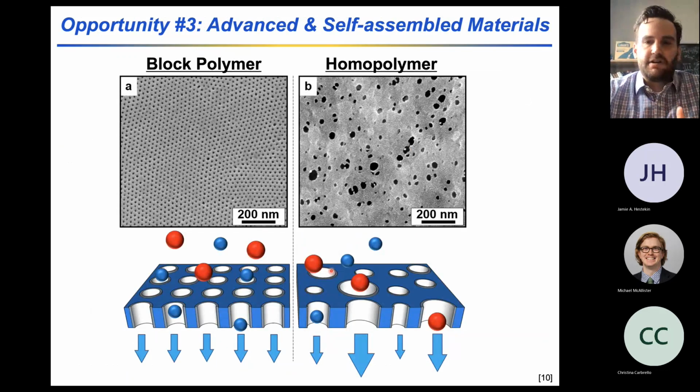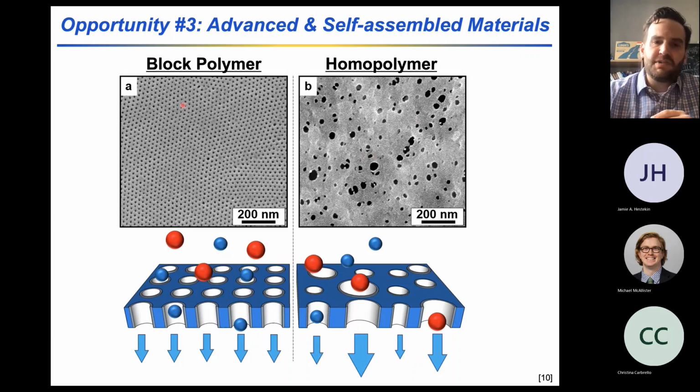New materials are always coming out, and I think that they have an opportunity to allow us to have better control over the pore structure. And so I just highlight this one example of the traditional structure that results from these phase separation techniques. While we have great control over the average pore size that's formed, you still do end up with a distribution of pore sizes.